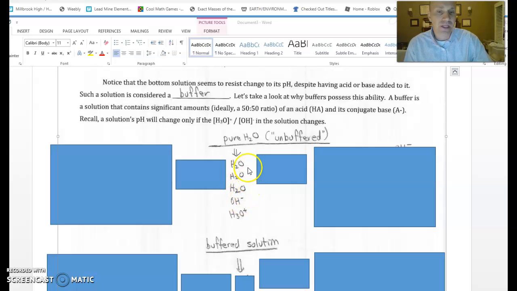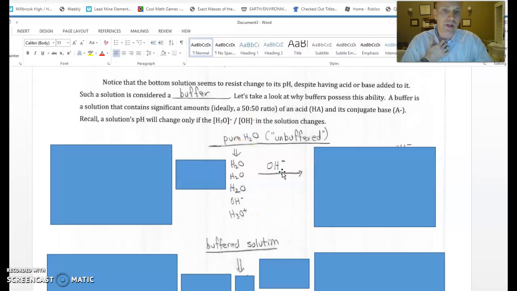So even though I'm representing it showing 3 water molecules, 1 hydroxide, and 1 H3O+, please remember you literally have billions of water molecules for every one of these. But the presence of these is very important. When you're measuring the pH, it's the relative amounts of these that make the difference between a pH of 1 versus a pH of 13, for example. So let's consider the situation if we were to add some hydroxide to pure water.